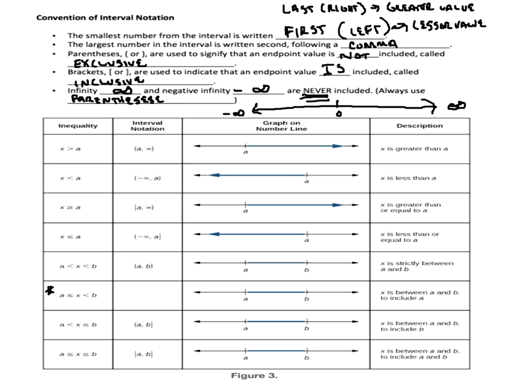Okay. So to write that in interval notation, my leftmost or my lesser number is included because it says less than or equal to. So I'd write a bracket. I have my lesser number, and then I have my greater number, and I'm strictly less than that number, so I'm not going to include it.